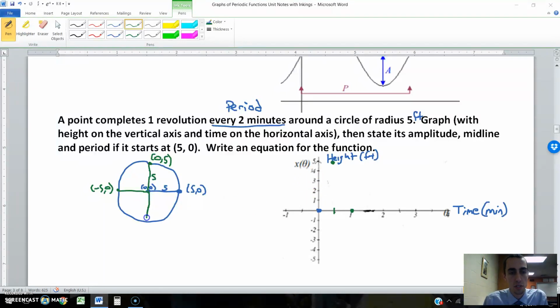Then 3/4 of a turn, we're at a height of -5. 3/4 of 2 minutes is 1.5 minutes, and so we are now down at -5 right there, or 1.5. Once we get back to where we started, we'll be at a height of 0, and that would be after 2 minutes. And so we'll go there. And of course, this pattern will repeat. We're going to do our sinusoidal graph.